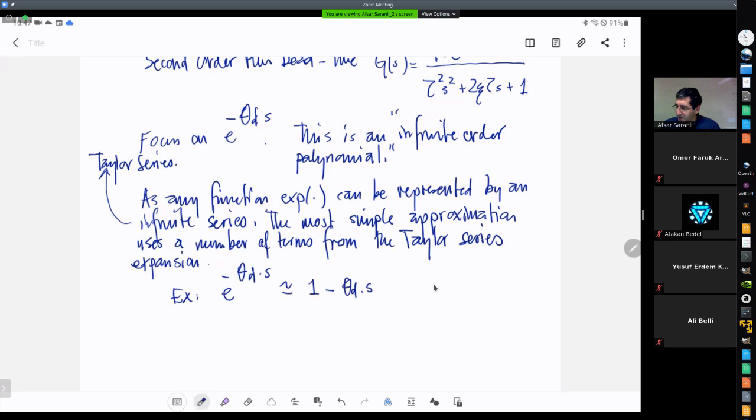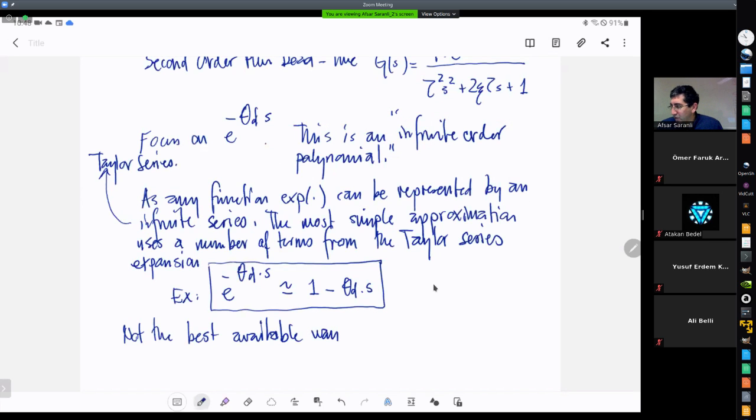Okay, so this is one simplest way of approximating the time delay. It's a polynomial of finite order, therefore it can be used as part of your linear system model as an approximation, and we will do this in our follow-up discussion, but this is not the best available way of doing it.